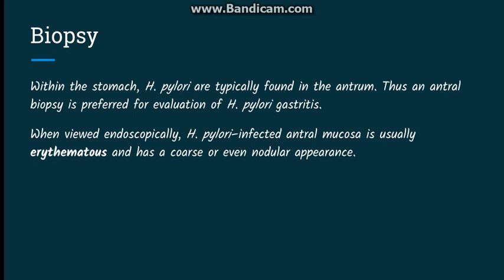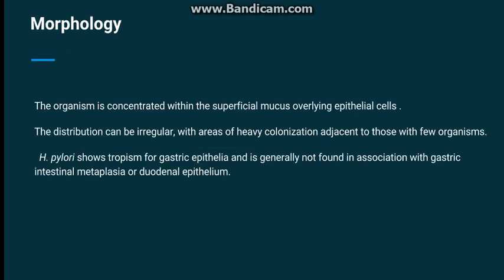Going to the microscopy. In the microscopy, firstly we'll discuss the organism. Now the organism is mostly concentrated in the mucus layer which overlies the epithelial cells of the stomach, and the distribution of this organism can be irregular. That means there can be areas where there is heavy colonization, and then there can be areas where there are only a few organisms.